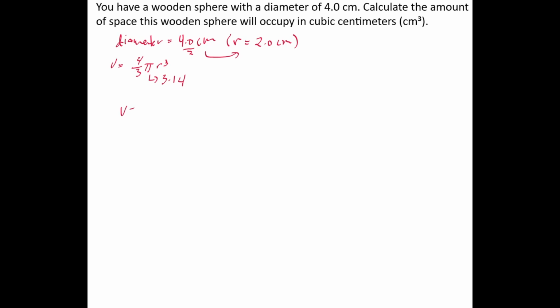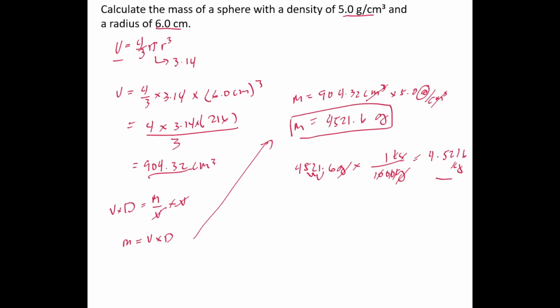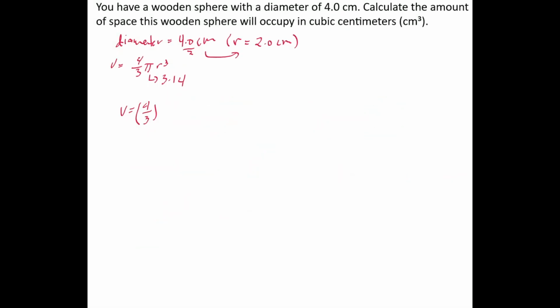So we have V is equal to 4 over 3. You can do this instead of dividing it by 3. You can directly get the quotient of 4 over 3 and then multiply it by 3.14, and then of course our given radius is 2.0, multiplied by 2.0 cm, but don't forget to cube it.